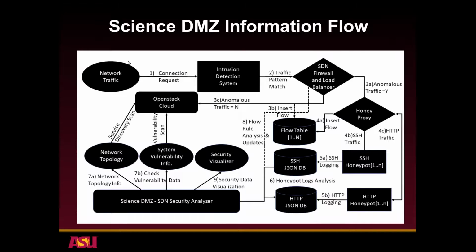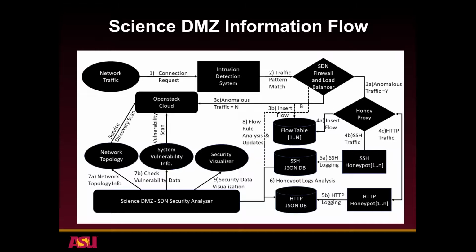We have a network intrusion detection system at the gateway, which tries to analyze the malicious traffic that comes in, and based on the signature match it sends the traffic to the smart honeypot that is managed by our software defined networking based security analyzer.